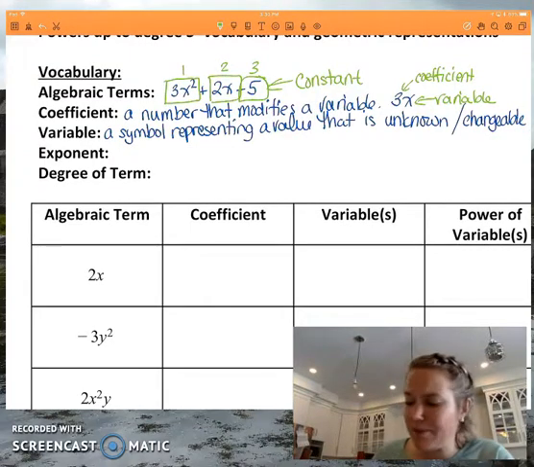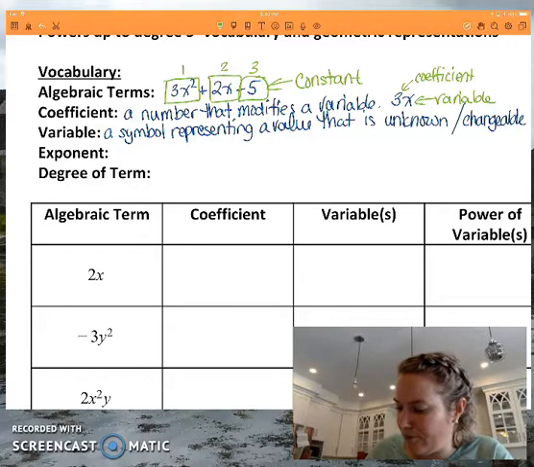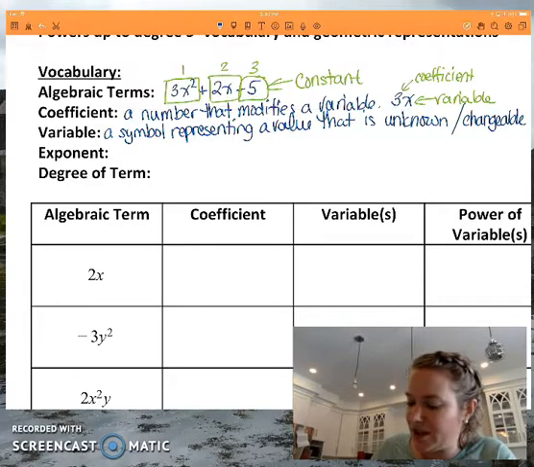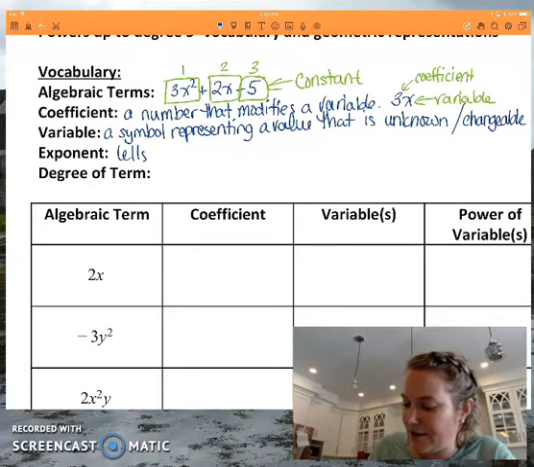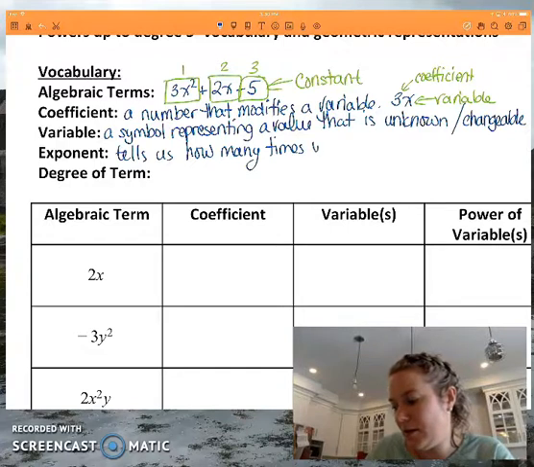So what is the exponent? The exponent tells us how many times we multiply the base.